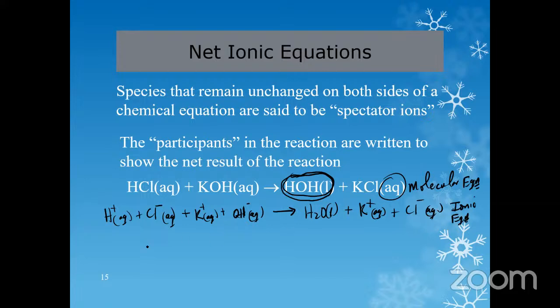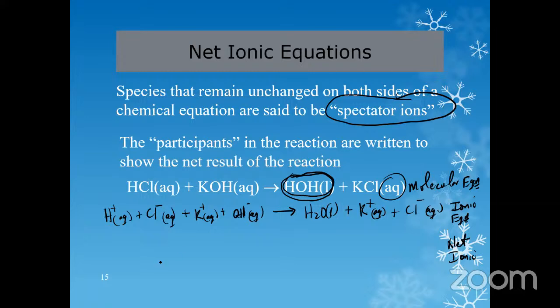All right. Okay, so now we're going to get to the net ionic equation. Let me write that down here. Net ionic equation. How do we determine the net ionic equation? Well, as stated here, we need to identify those species that we consider to be spectator ions. Spectator ions are those species that exist in the same state on both sides of the equation.